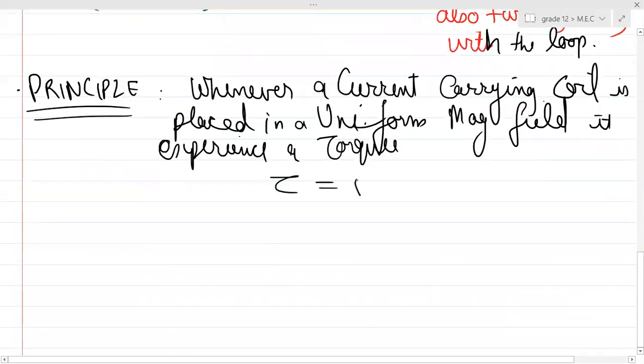Torque is equal to B into I into N into A into sin theta. Here, since you are producing a radial magnetic field, this will become 1, right? Theta will be 90 degrees on average.